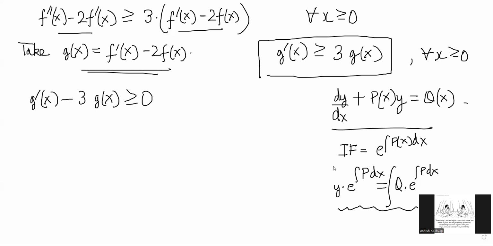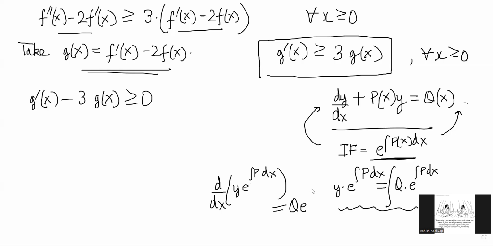It comes because if you multiply both sides by this integrating factor, the left side is basically d by dx of y into e power integral p dx, and the right side is simply q into e power integral p dx. So that is the standard theory of how to solve a linear differential equation like this. We multiply by the integrating factor, and the left side becomes the derivative of y times the integrating factor.